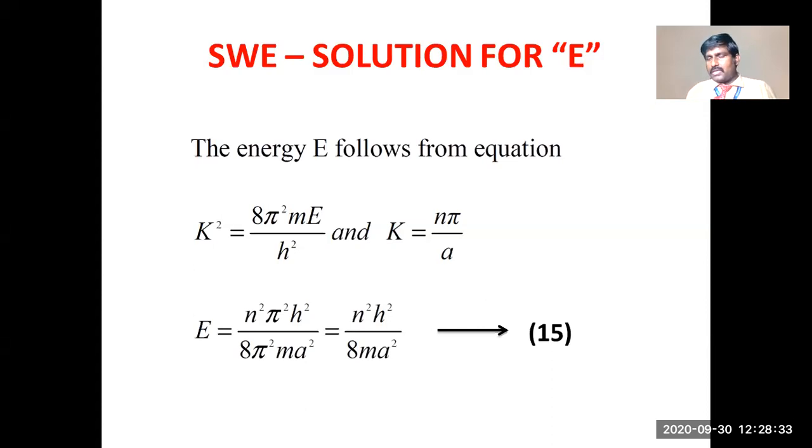This is the energy of the electron within the box. So for energy we got the solution, and for the wave function we got the solution. A particle in a one-dimensional box is nothing but like an orbital.